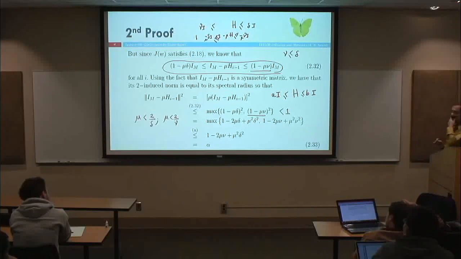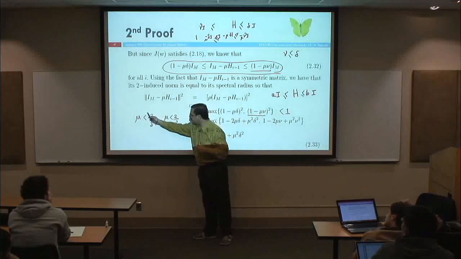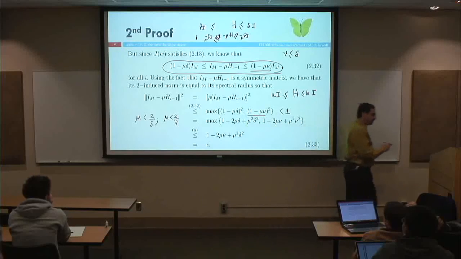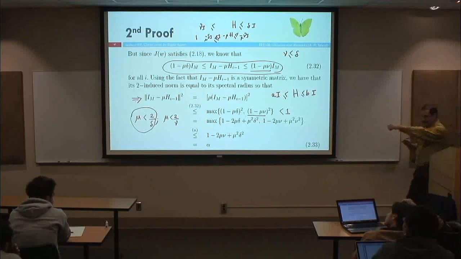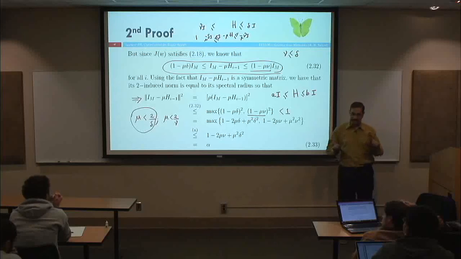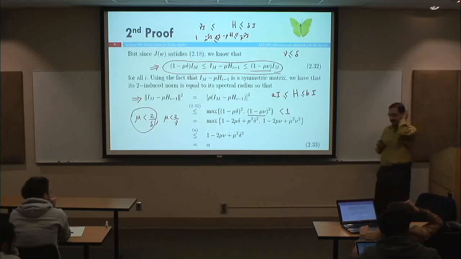Which bound is tighter? Remember, mu is smaller than delta, so this bound here. As long as I choose this bound, this quantity will be strictly less than 1. So it's sufficient for us to work only with this bound on the left-hand side. You understand?